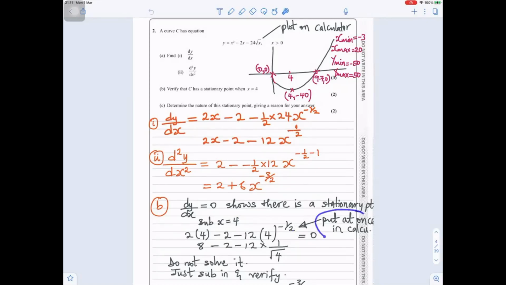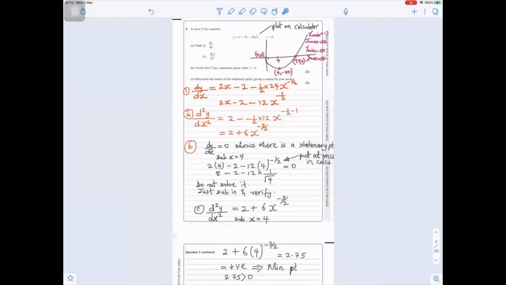And you put it all in your calculator and press execute. So you do it at once, don't do 2 times 4 and things like that. And you will get 0. So you do not have to solve it, just sub in and verify. And that tells you it has a stationary point.